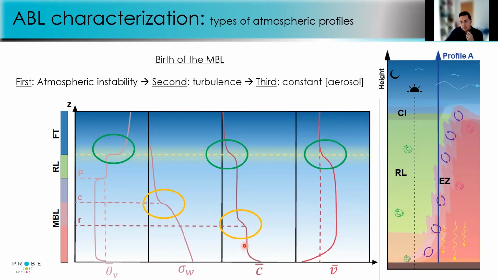So up to here, then we have this decrease, and then it starts the residual layer and then the free troposphere. This kind of jump is due to this instability, and it's the consequence of the instability that was highlighted by the virtual temperature. Therefore, we should expect a different location of the convective boundary layer depending on the atmospheric property that we use.